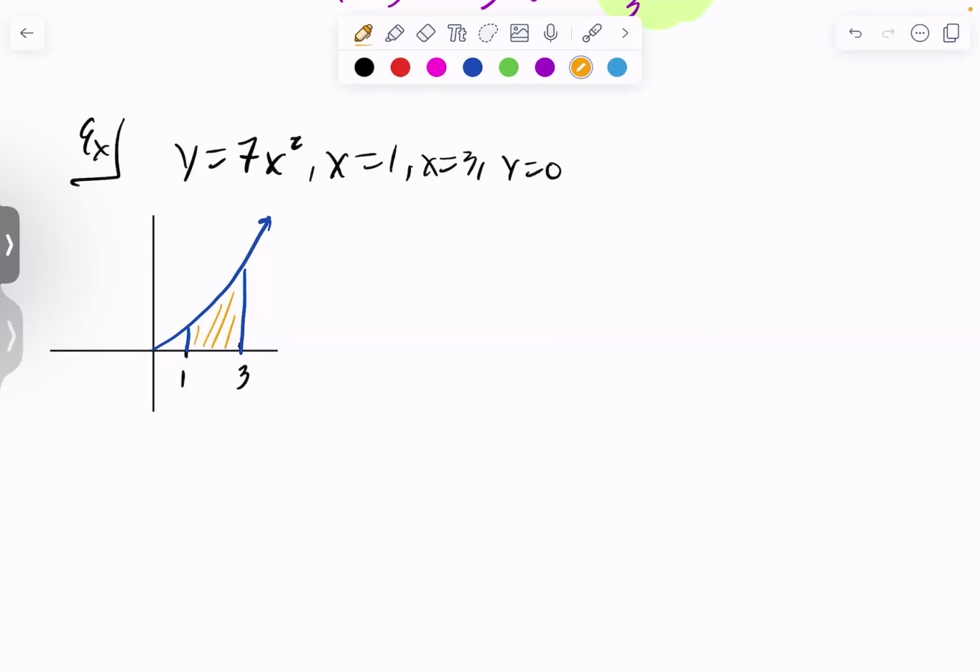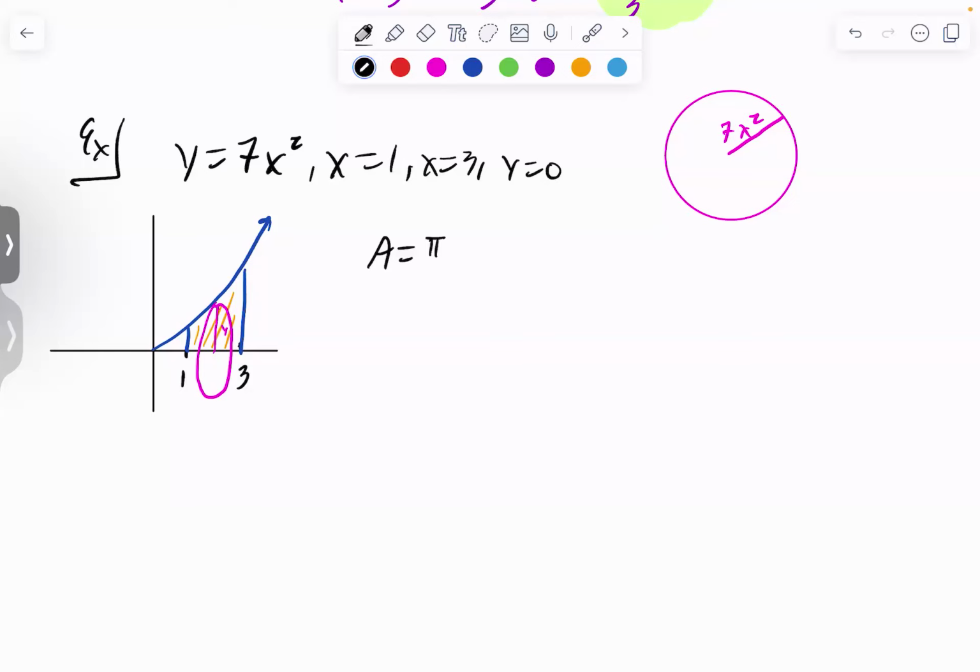So we're going to be getting a whole bunch of disks of radius y, which to us means 7x squared. So our area is going to be the integral.